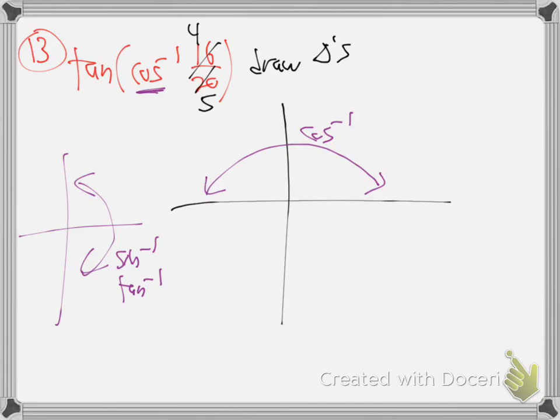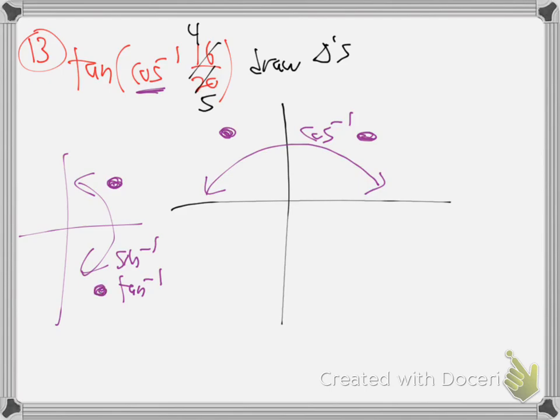So now, let me give you a little more explanation about this, which will make this problem easier for you. Basically, if you notice, sine inverse, tangent inverse, and cosine inverse all use the first quadrant, don't they? They all use the first quadrant and then one other quadrant. Cosine uses the second. Sine inverse and tangent inverse use the fourth.